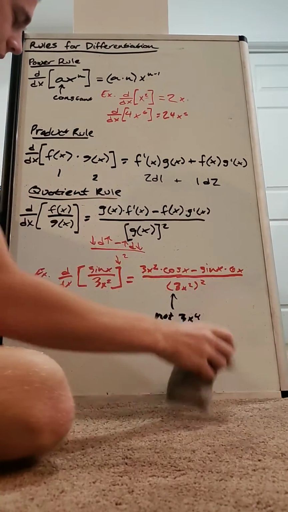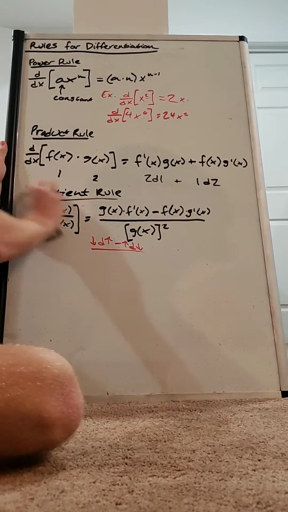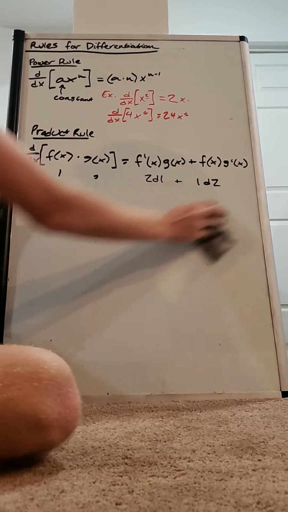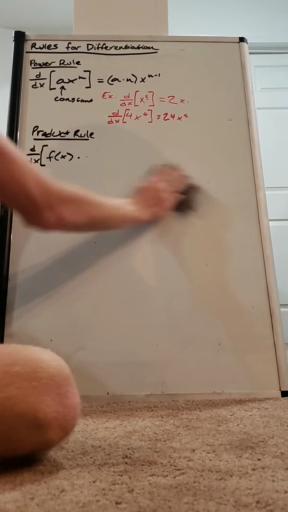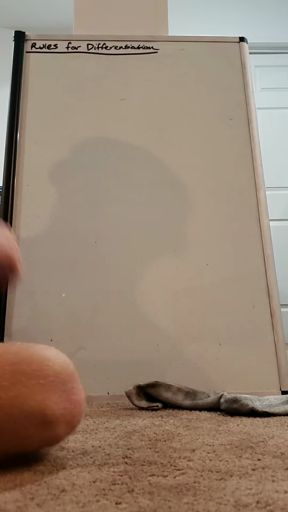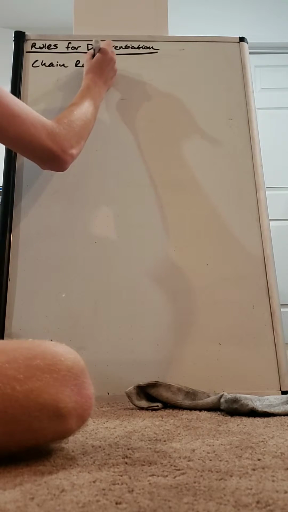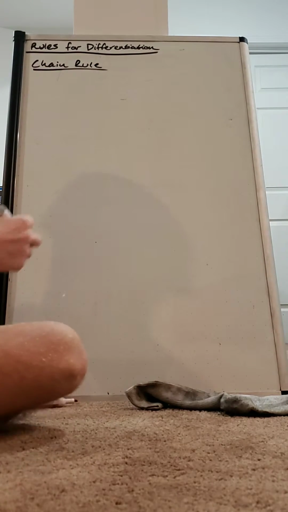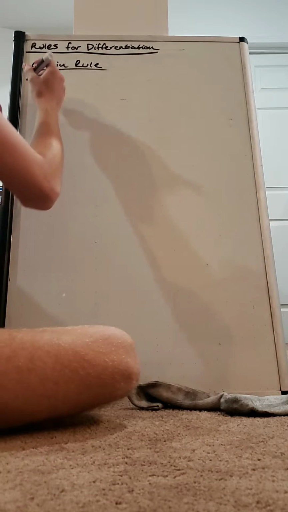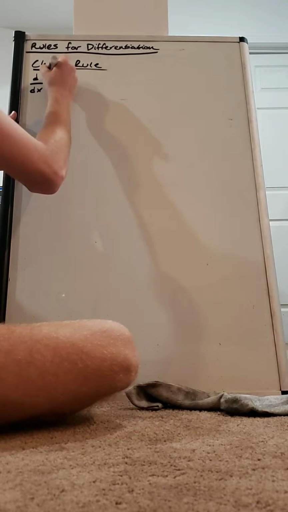And the last one we're going to talk about, the last rule for differentiation, is the chain rule. And this one is very, very important to understand. So for the chain rule, this is where you have the derivative of one function inside another.